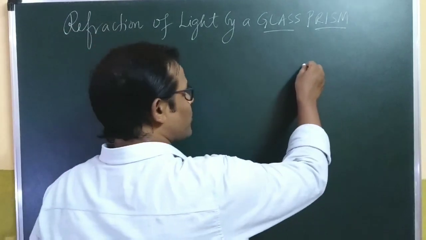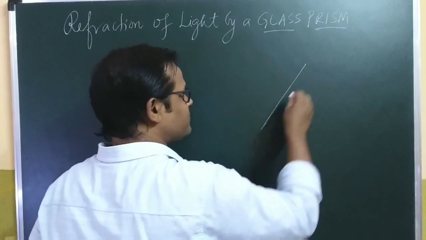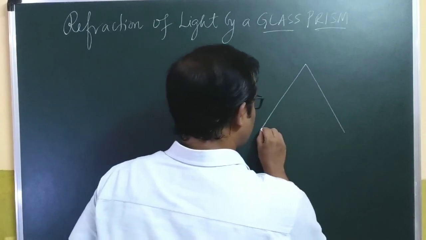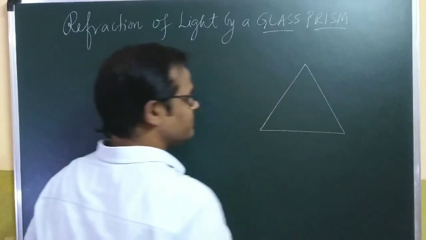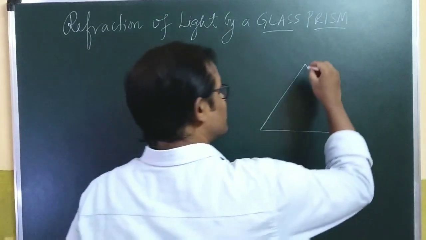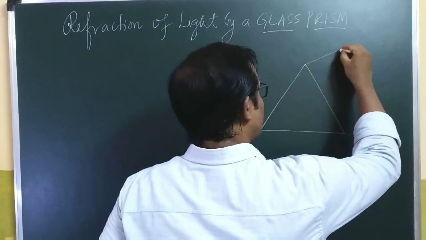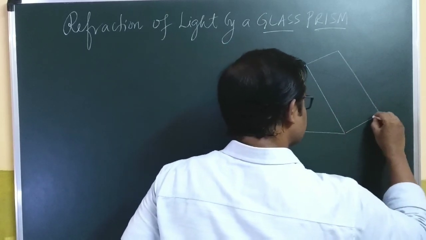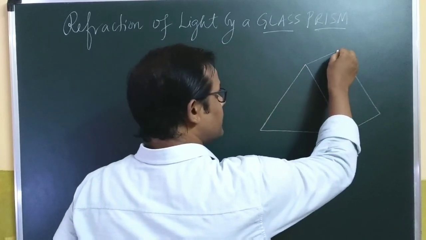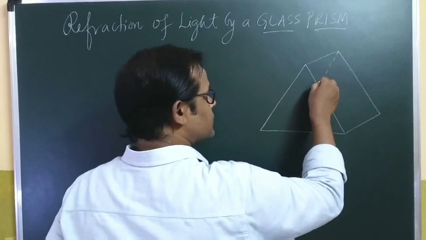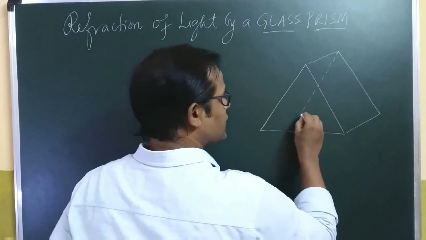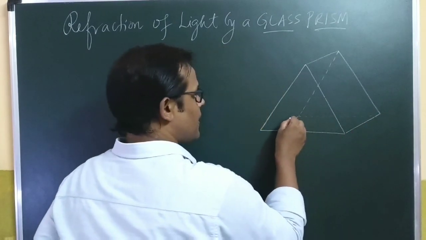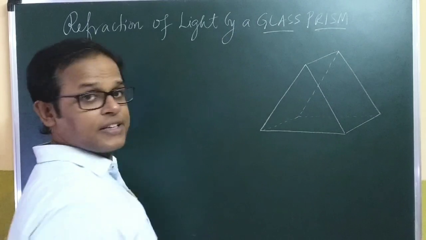So a glass prism basically has two triangular cross sections, and I will try to draw it in a three-dimensional way so that you get a right picture. This is how it looks. It has triangular cross sections as well as rectangular surfaces, and this is how it looks.